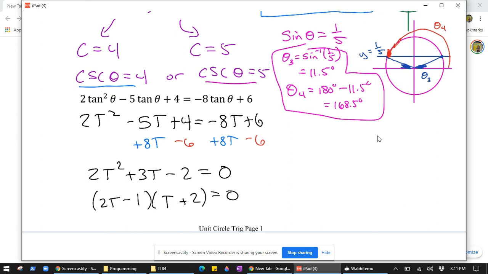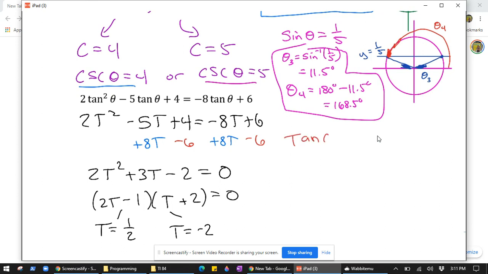Okay, I'm going to erase this because it's annoying me, just to give myself a little more space. That tells us that t is equal to 1/2 from this arm, and this tells us t equals -2. t stood for tangent. So I'm really solving the equation tangent of theta equals 1/2.